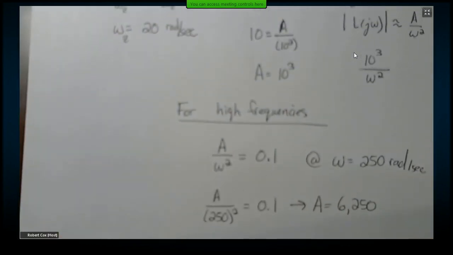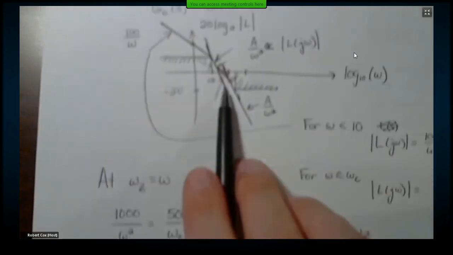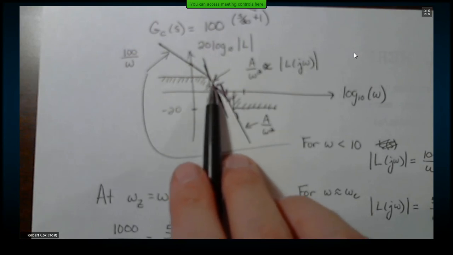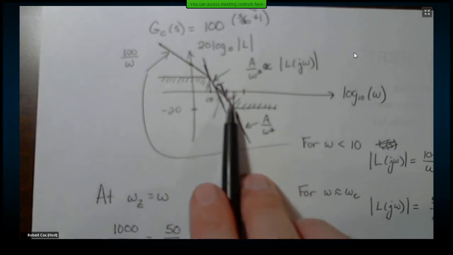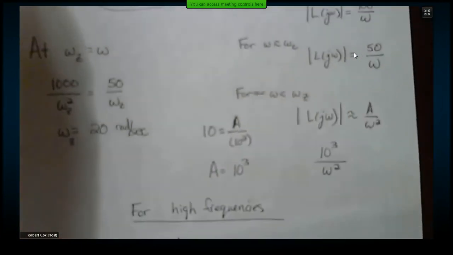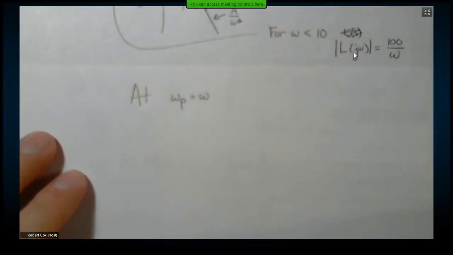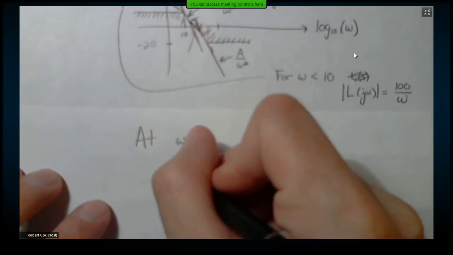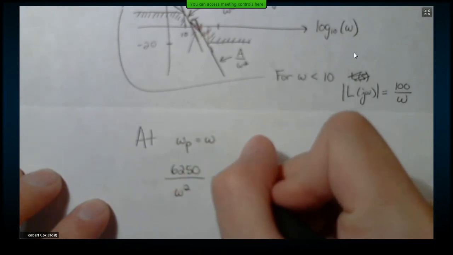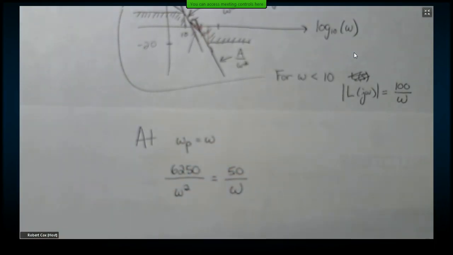Okay? So to figure out where this second pole is located, what I do is I set this asymptote equal to this asymptote. So what I say is at omega p, this unknown pole location, I have 6,250 over omega squared equal to 50 over omega.